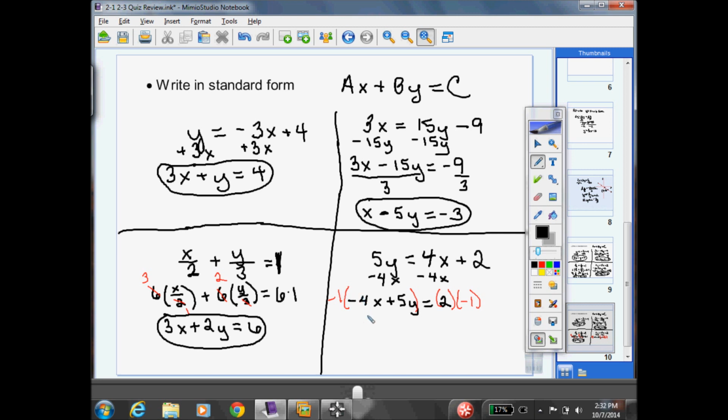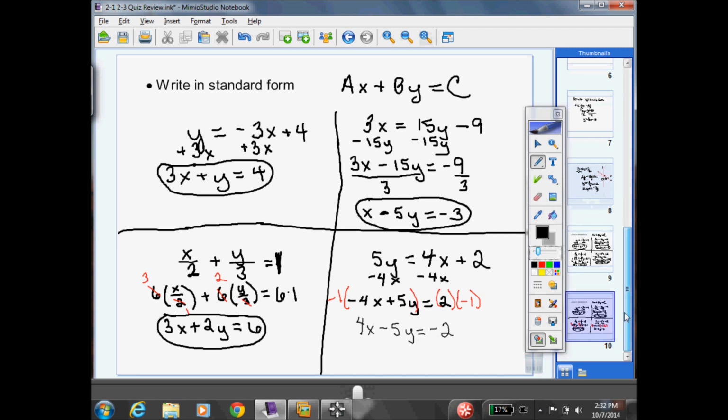Negative 1 times negative 4. 4. So this is 4x. And then is the answer positive or negative? It's negative because negative times positive is negative. And then the final part is negative 2. Okay. So that's how that goes.